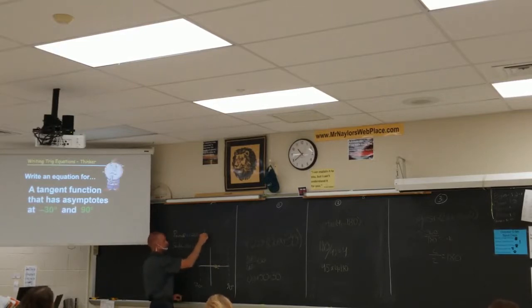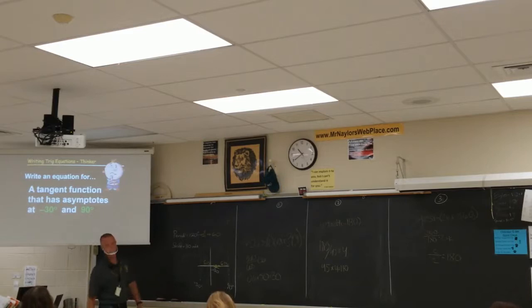And if we go left to right, we add 60 to negative 30, we end up at 30. And then we know that it's regularly graphed on the origin, so it's a shift 30 to the right. Very good.